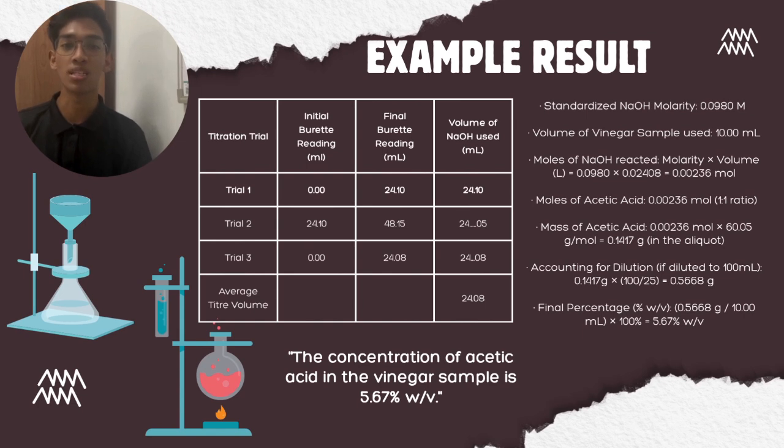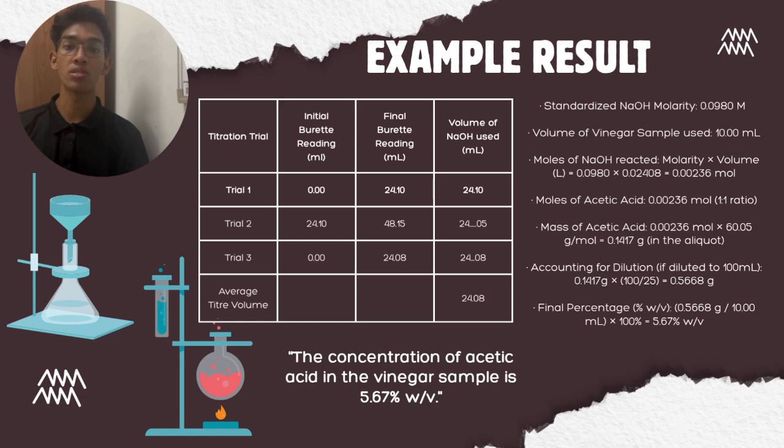Raja and I will be presenting the example result section for this experiment. For the experiment to determine the concentration of acetic acid in vinegar, we conducted 3 titration trials to ensure accuracy and precision of our results. As shown in the data table, our titration volumes were consistent with an average volume of sodium hydroxide used being 24.08 milliliters.